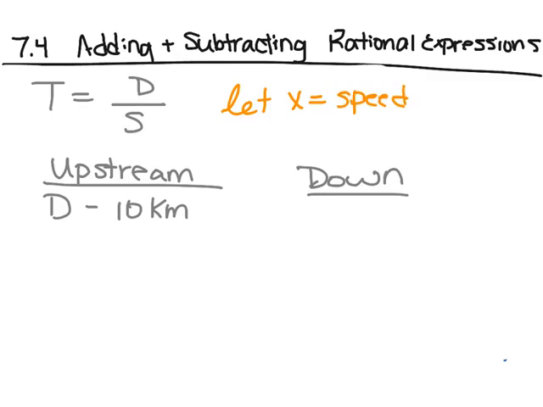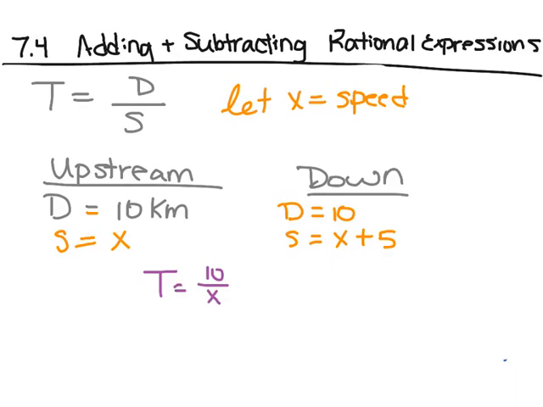So upstream, he went a speed, so we'll let that equal x. And downstream, he's still going the same distance, but he's going 5 kilometers greater. So x plus 5. So we want to find his total time, so t, and the total time will be the trip up plus the trip down. So we're going to go 10 over x plus 10 over x plus 5, using this formula right here.